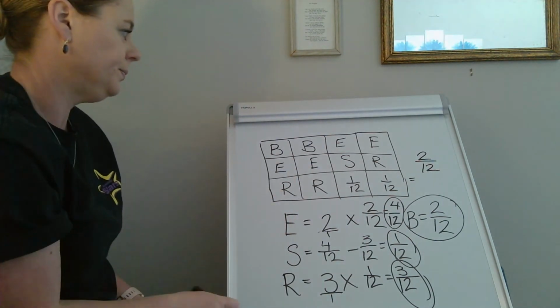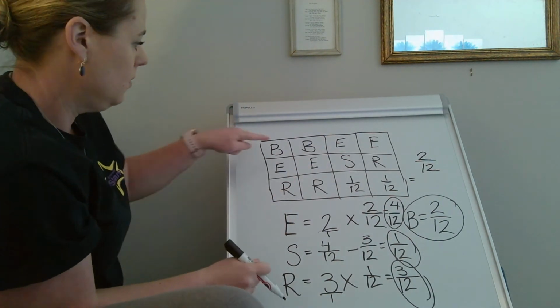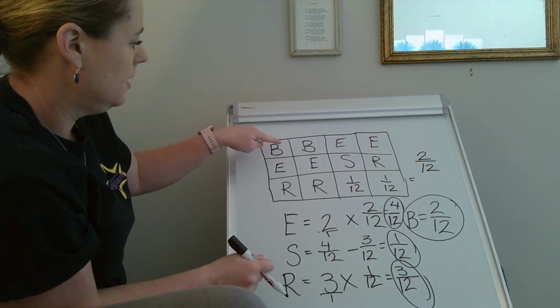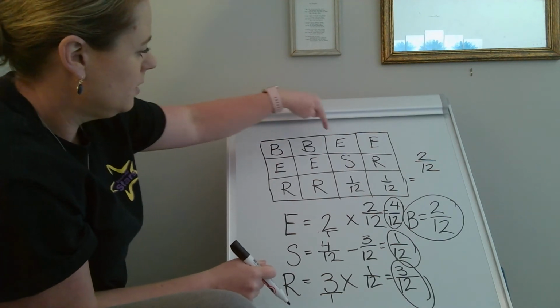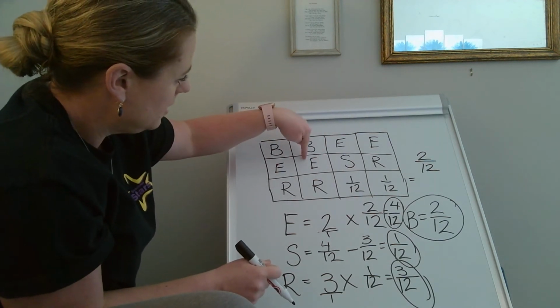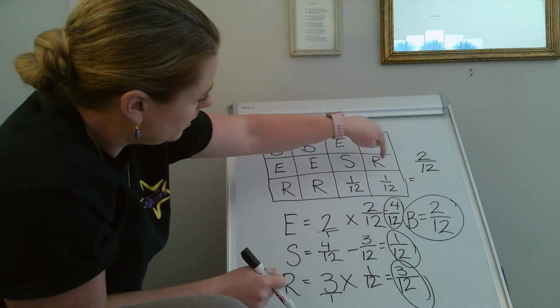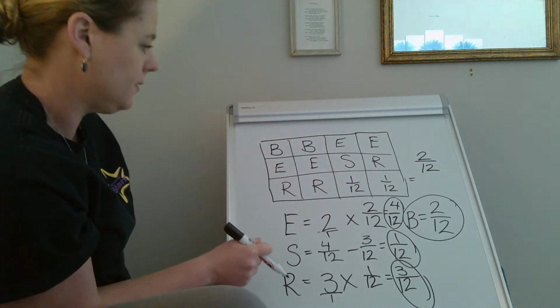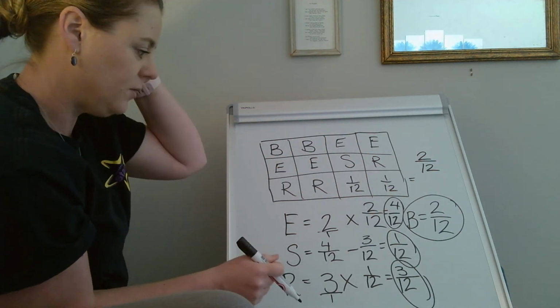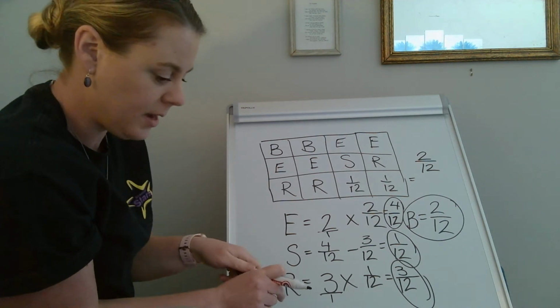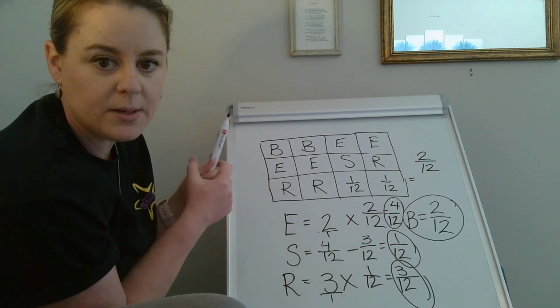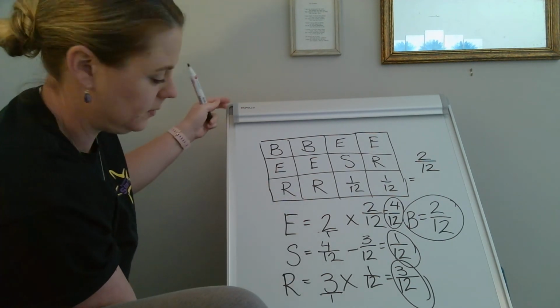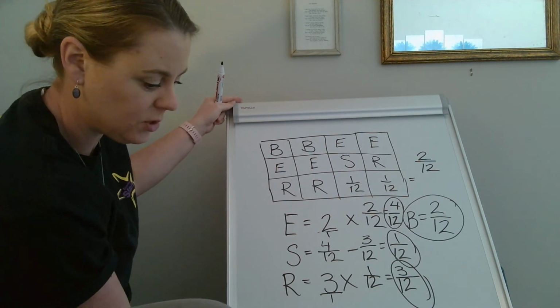We would add 2/12 plus 4/12 plus 1/12 plus 3/12, and you have 2 left over there. All right? If you have questions about that, make sure you ask me. You can in Google Classroom or Class Dojo.